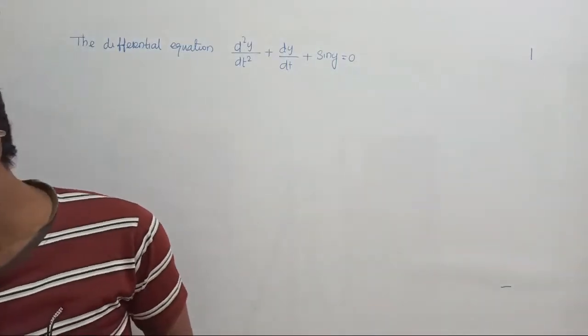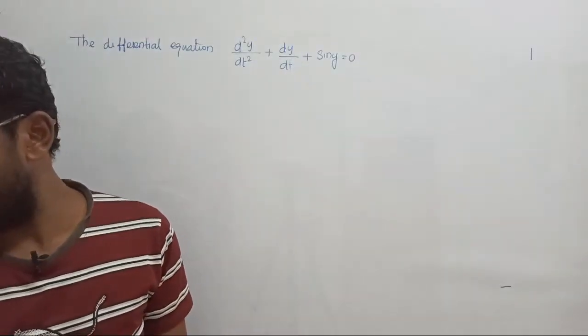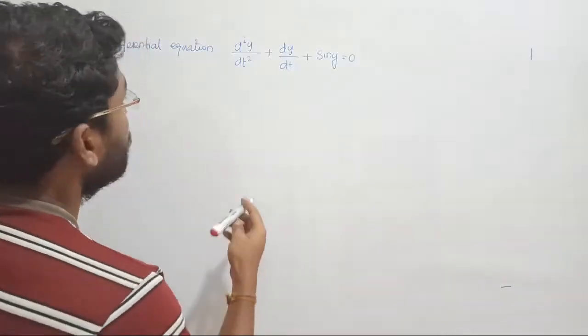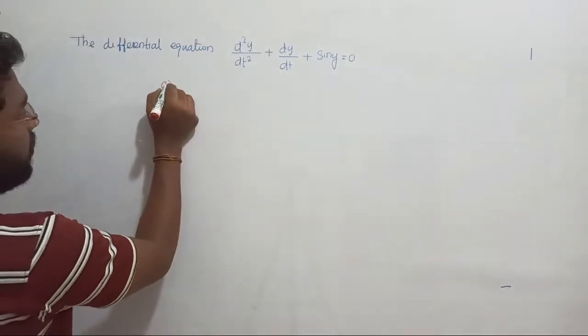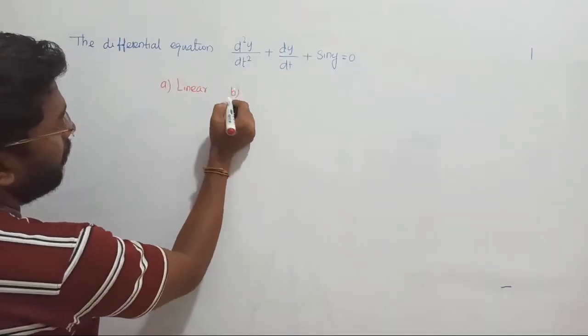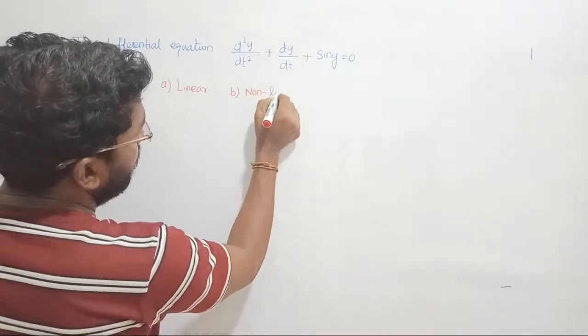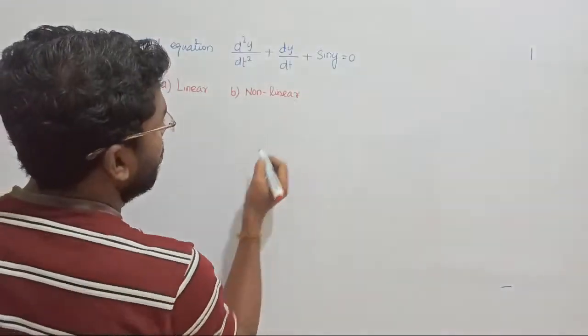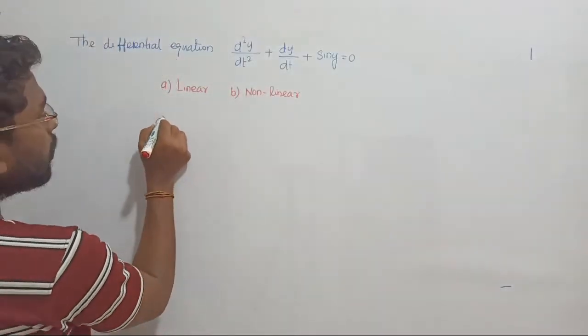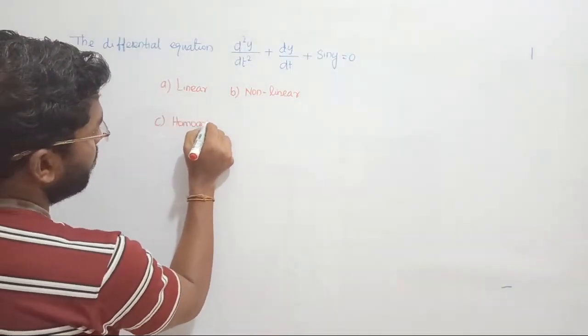The given 4 options are linear, non-linear, homogeneous, and of degree 2. Option A says the given equation is linear. Option B says it is non-linear. Option C says the given function is homogeneous.